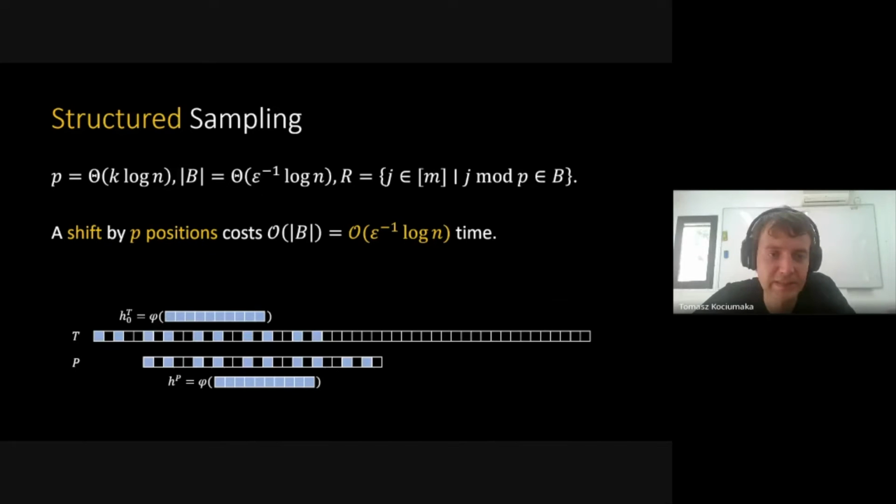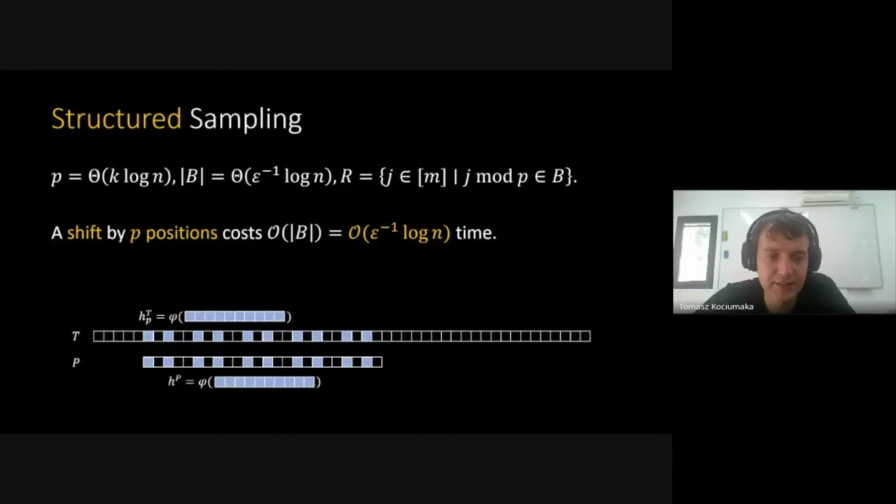Namely, we can use the rolling property of Karp-Rabin fingerprints and observe that the only thing we need to do is to drop some of the leading characters and append some of the trailing characters. And the number of characters we drop and append is exactly the size of B. So with these particular values, it is epsilon to the minus 1 log n. And this way we can further shift by multiples of p.